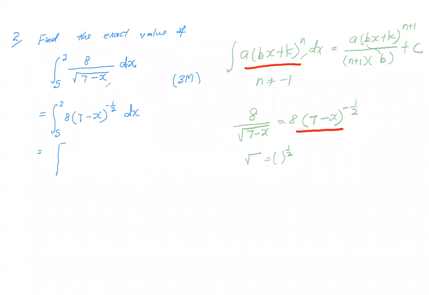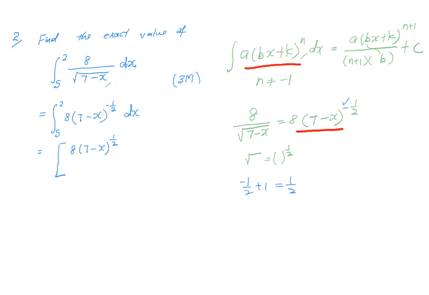So for a definite integral, I will not put a plus C. I will put a square bracket. So copy down the whole thing. Power plus 1. Be very careful of your sign. So negative half plus 1 is half.